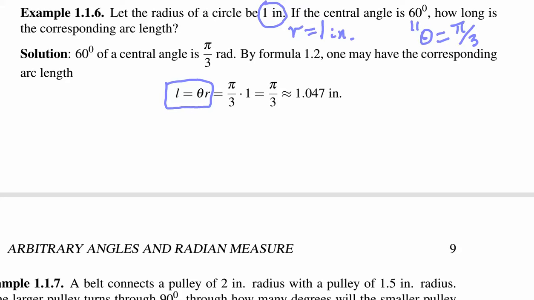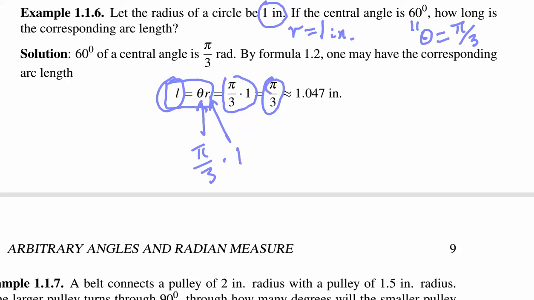And then we know theta is pi over 3, and r is 1 inch. Then pi over 3 times 1 basically is right here. You'll get the length of arc. So 1 times pi over 3 is just pi over 3.